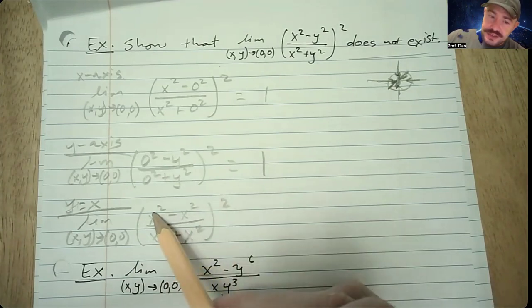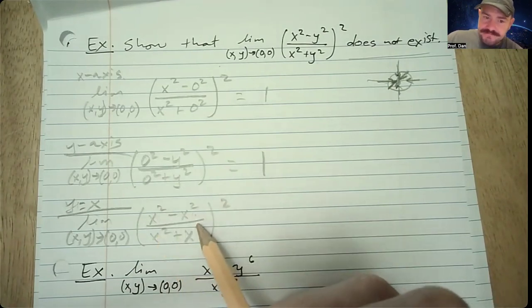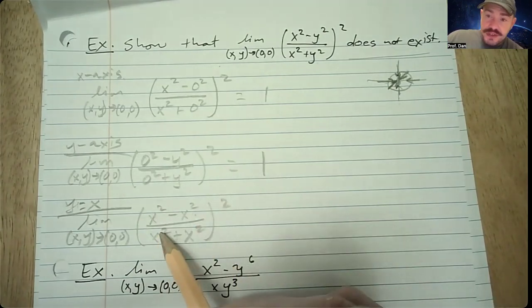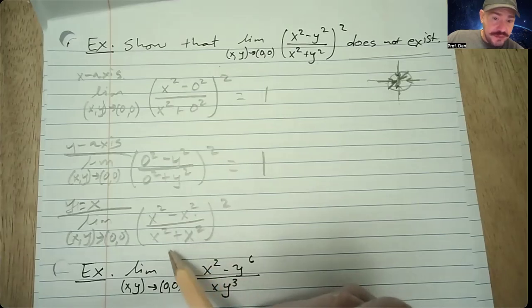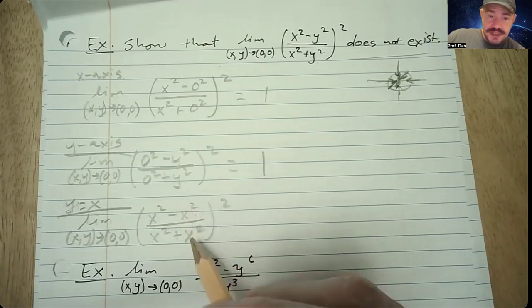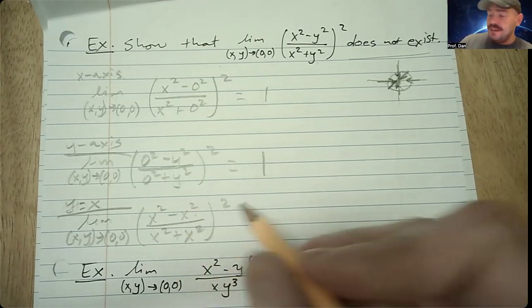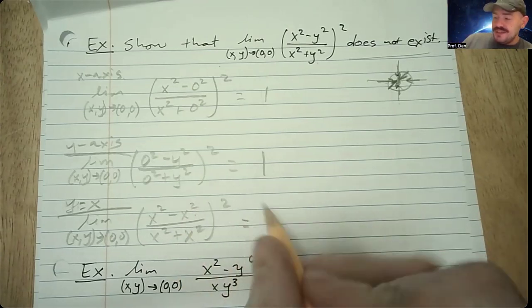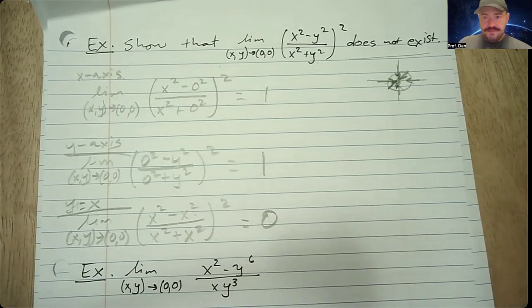So I end up getting 0 in the numerator. I end up getting not 0 in the denominator, right? That's 2x squared. And when I square that, I'd still have 0 in the numerator and not 0 in the denominator. That means that this limit would be equal to 0, which is exactly what we needed.